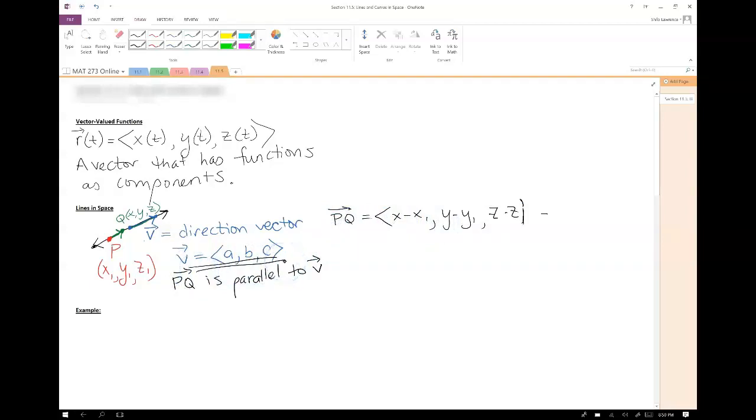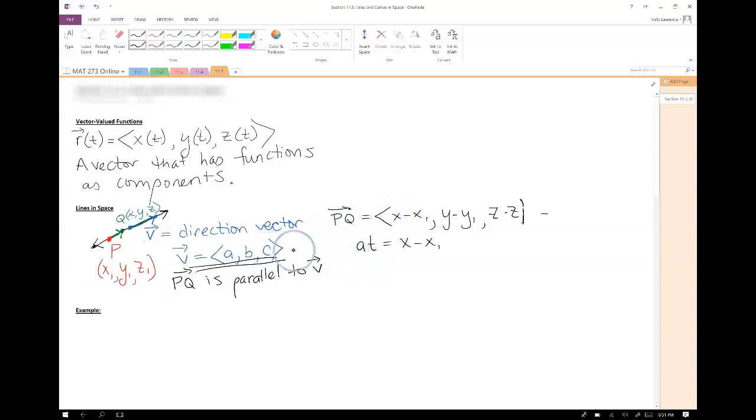For our scalar multiple, we're going to use the variable t. So we're going to say a times t, that's the x component for v, should be x minus x1. And we need to use the scalar multiple for every single component pair that we do.